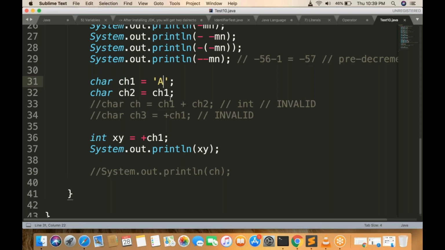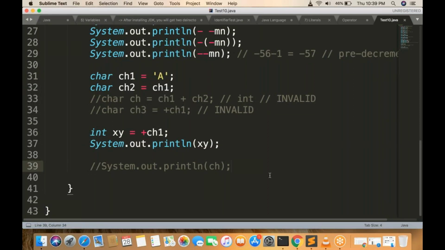Okay, no problem. So here now we will try byte b1 is equal to 46. Okay, byte b2 is equal to plus 46.